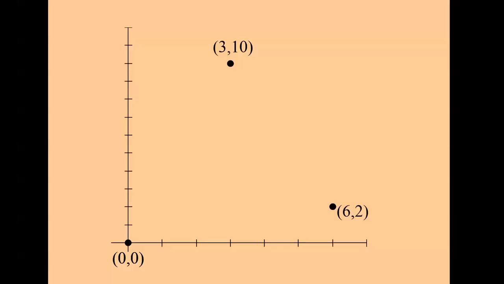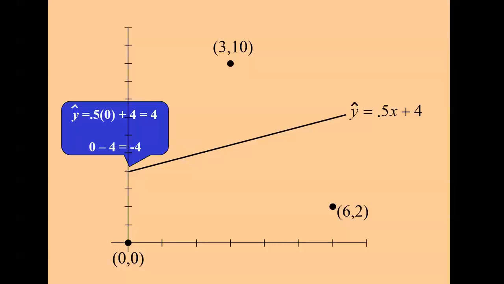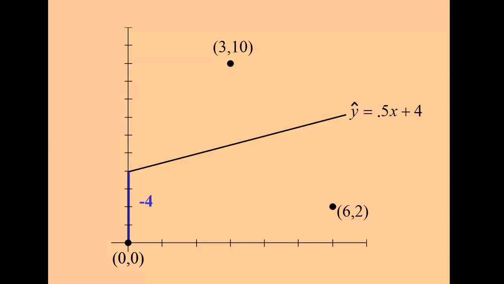Okay, so let's take 3 points, and I'm going to make up a line, not the line, that I'm going to claim can be used to predict those 3 points. Now notice none of the points are on the line, and that's okay. So there is an amount of error that each of the points produces. For that first point I predicted 4, it actually was 0, so I was off by -4.